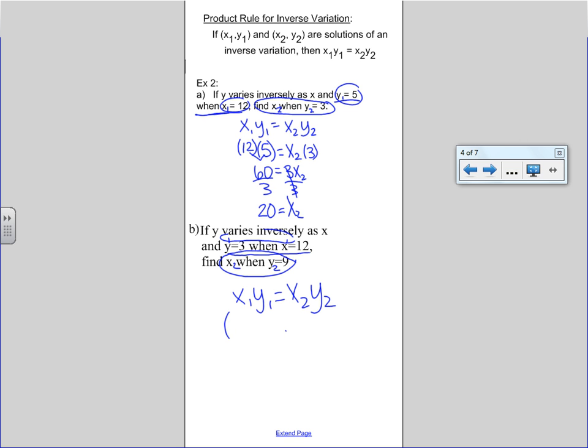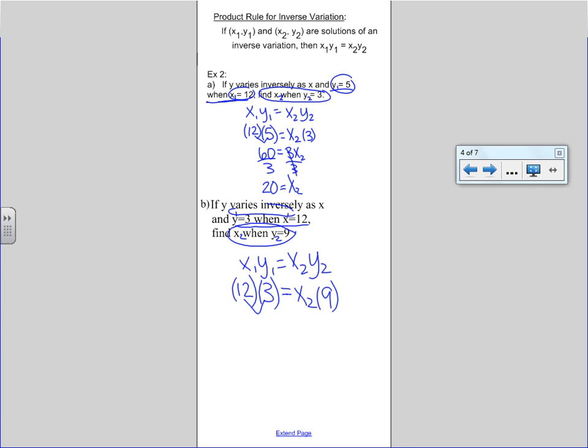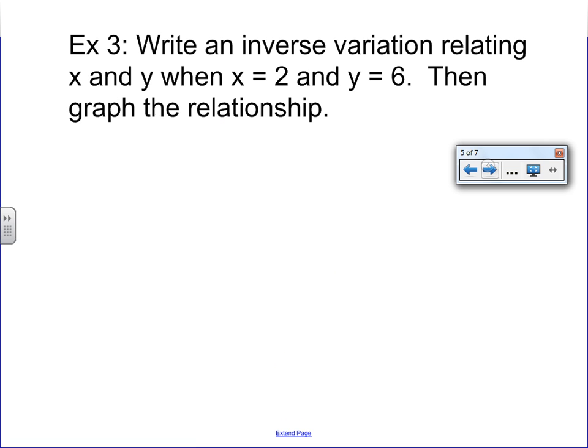My x1 is 12, my y1 is 3, and that has to be equal to x2, which I don't know, and y2, which is 9. So 12 times 3 is 36, equals 9 times x2, is 9x2. To get x by itself, divide by 9 on both sides. I'm left with x sub 2 equals 4. Final answer.